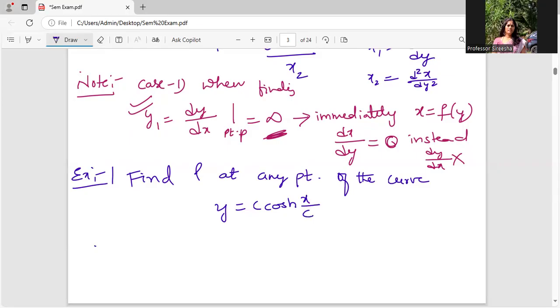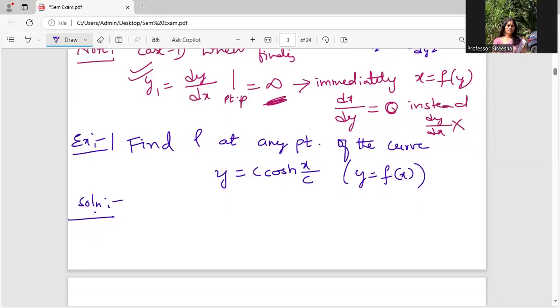Guys, we know the formula anyways. I'll just go with the default formula, that y is equal to f of x is my curve. If anything becomes problematic by getting infinity, then I will shift to the second case. Otherwise, by default, I go with the first formula only.